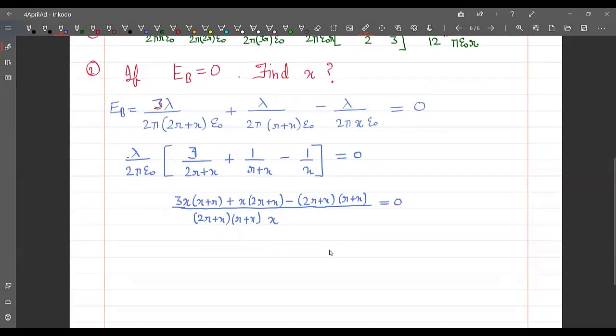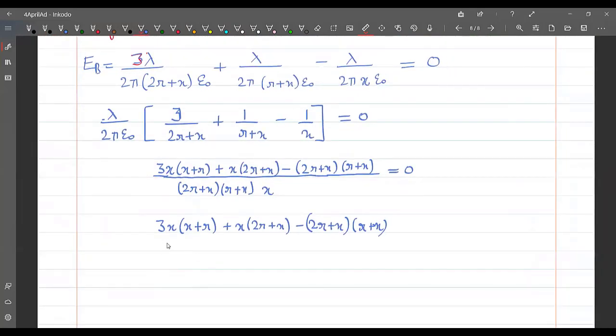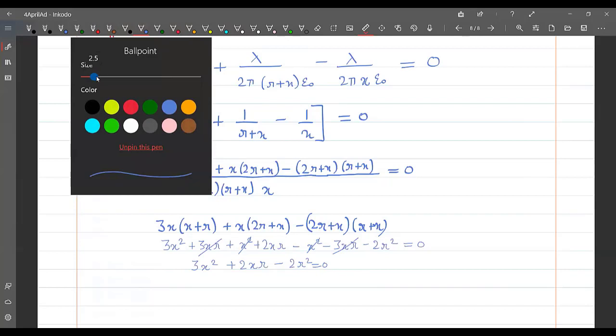Now the denominator should not be 0 because x is a positive quantity, so only the numerator should be equal to 0. I can form a quadratic here, x squared plus, which will give me a quadratic equation.